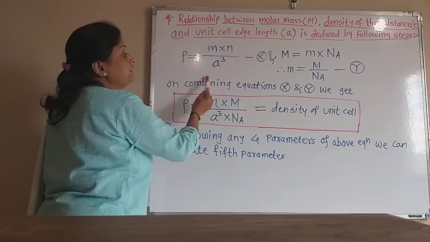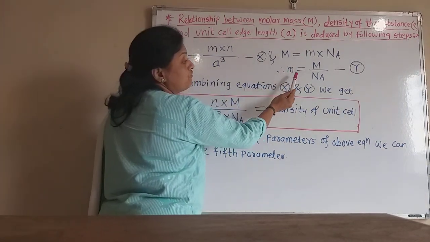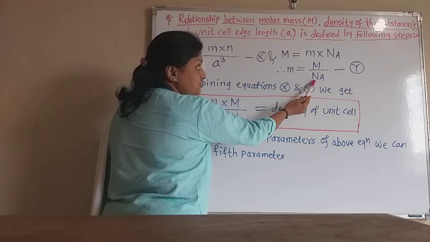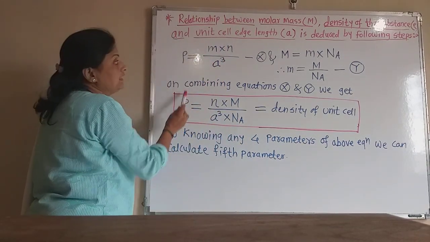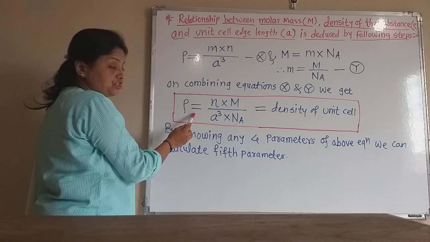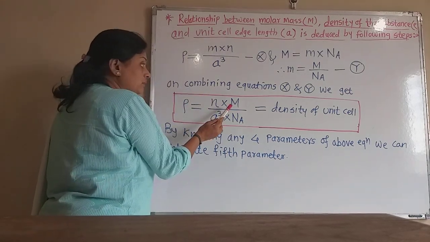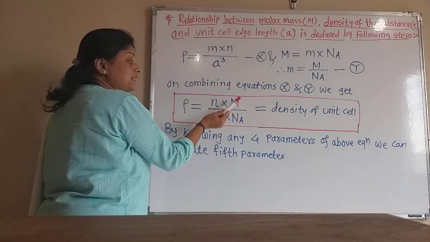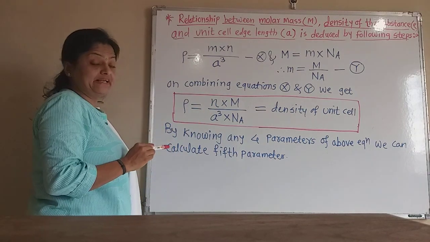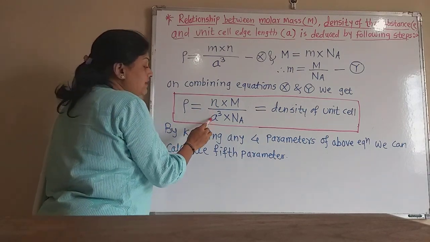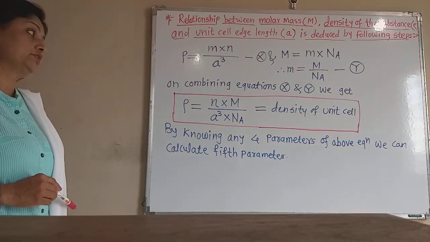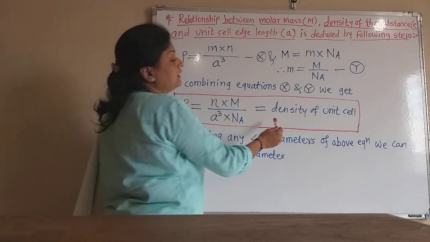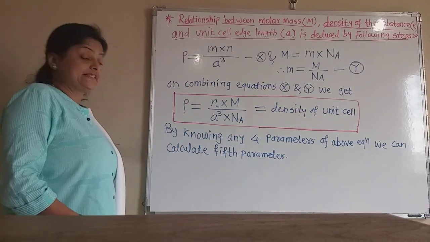So on substituting the value of the mass of one particle of equation y into equation x, we obtain this equation: density of the unit cell is equal to molar mass of the substance into number of particles present in the unit cell divided by a cube into Na, the Avogadro's number, which is nothing but the density of the unit cell.